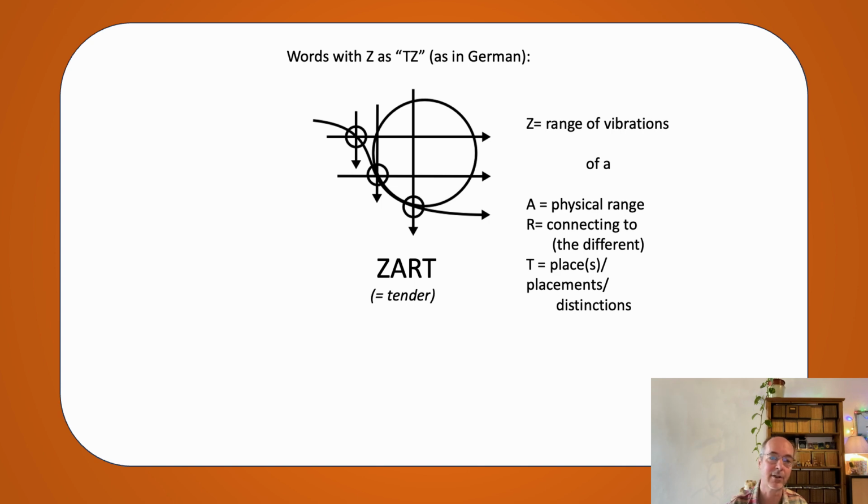It doesn't say that it is tender yet, but it says, okay, let's sense how many differences I can have over this range of vibrations. It's a word that directs you into a certain position, into a certain range of associations, and in that way these words are correct and they can be changed into forms so that you understand them even better.